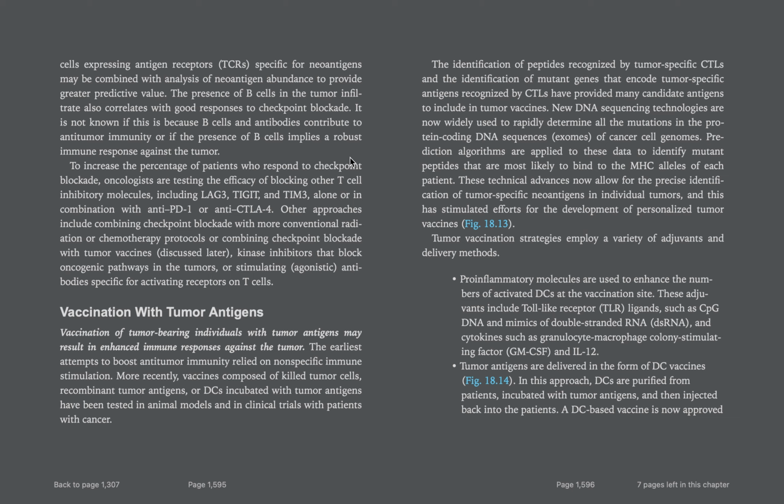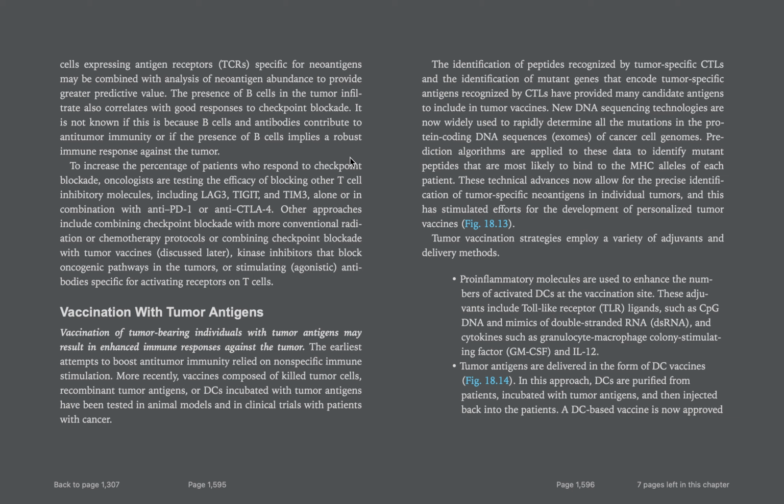Other approaches include combining checkpoint blockade with more conventional radiation or chemotherapy protocols, combining checkpoint blockade with tumor vaccines discussed later, kinase inhibitors that block oncogenic pathways in the tumor, or stimulating agonistic antibodies specific for activating receptors on T cells.